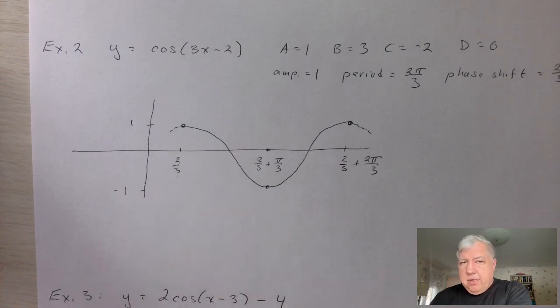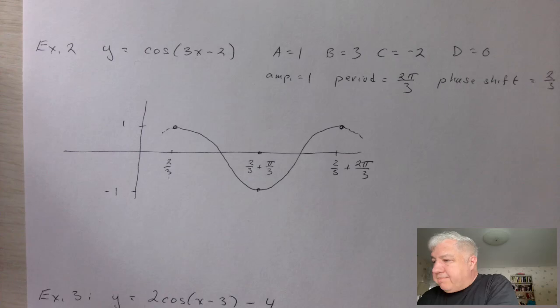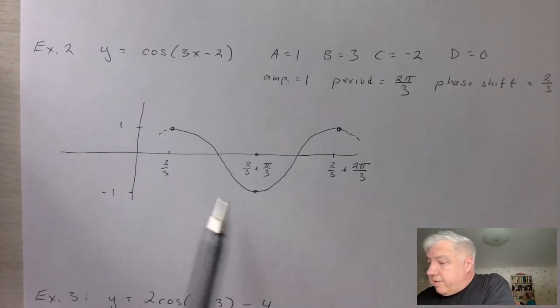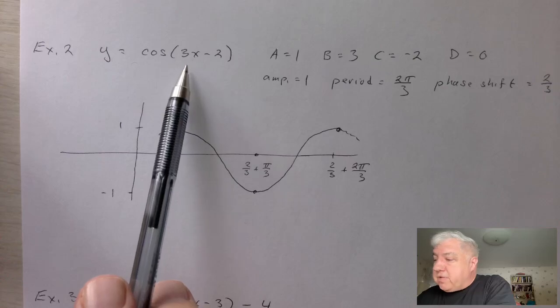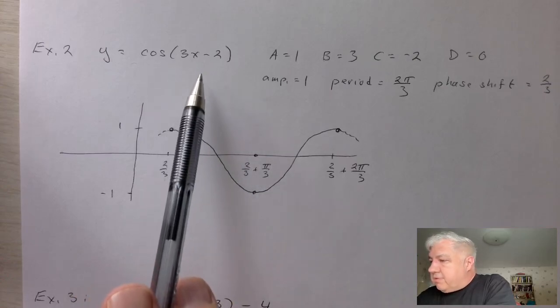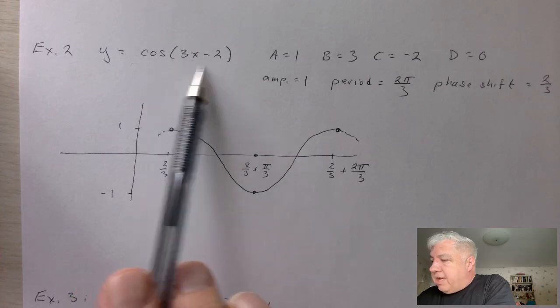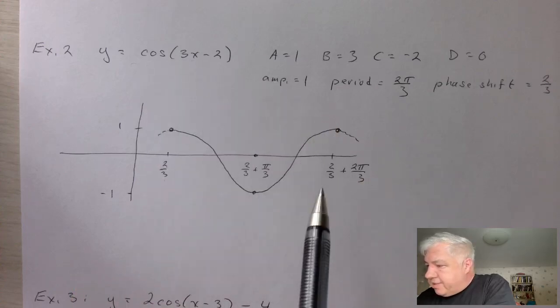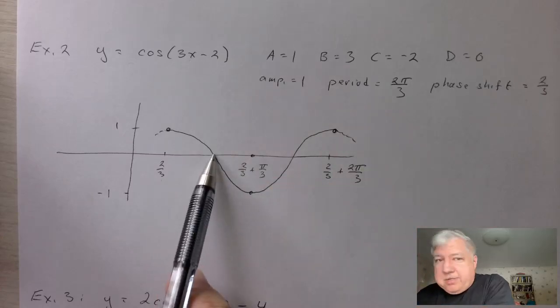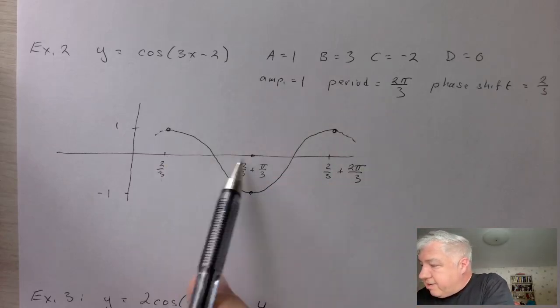Maybe a couple things, though. I should say something about the x-intercepts. The x-intercepts are going to be where, in this case, the cosine is 0. Well, we can see that at this point, the x-intercept is going to be halfway from here to here.